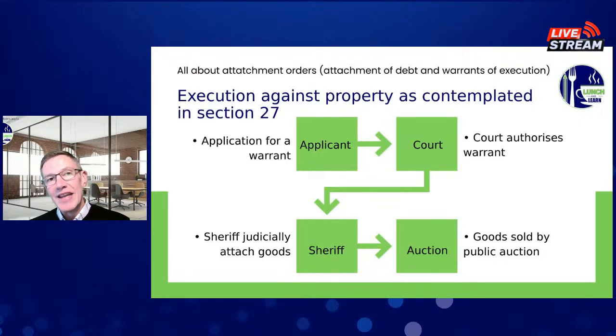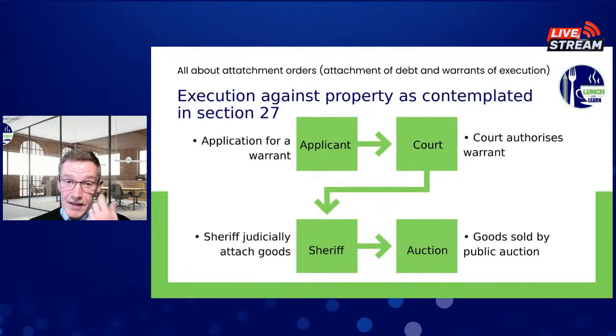So it does not necessarily say that the magistrate or the maintenance court would grant you the warrant of execution, but they merely authorize that after they have made themselves aware that no other avenues are being sought, like, for example, an attachment order for debt or a garnishee order. And that is the reason why the magistrate would only authorize at that stage the warrant of execution against property.